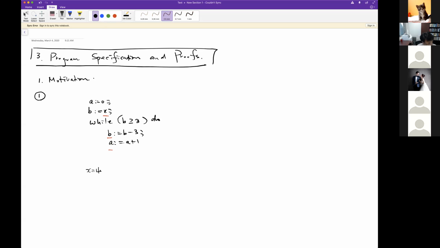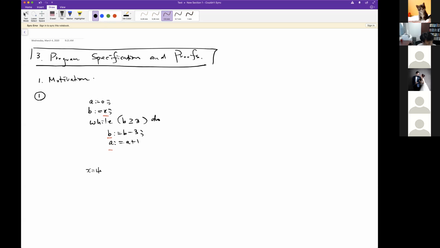And the second thing we want to do is to have some formal way to check that this specification is correct. We want to formally prove that the program indeed satisfies the specification.